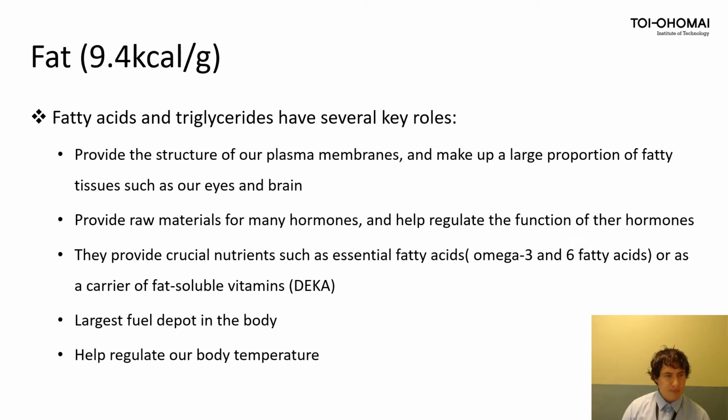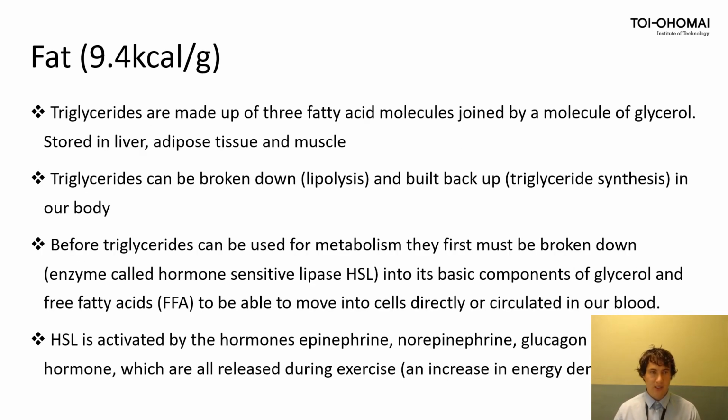They also provide crucial nutrients such as essential fatty acids, omega-3s and 6, or act as a carrier of fat-soluble vitamins. So vitamin D, E, K, and A use fat as a transporter to get into the body. It's also the largest fuel depot in the body, so our largest space for storing fuel. And that stored version of energy also helps us regulate our body temperature.